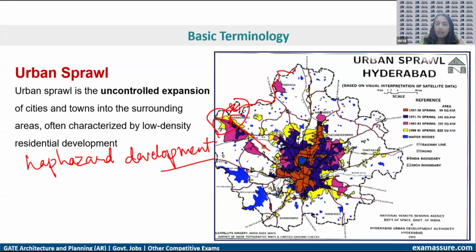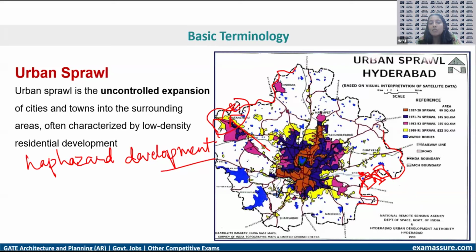So now tell me one thing, okay? Let's assume that this is your administrative boundary. Is there going to be a sharp distinction of your development characteristics within this area and this area? There is going to be some sort of overlap, right? But as I move away from the city center towards the edges, I call that area an urban fringe, correct?